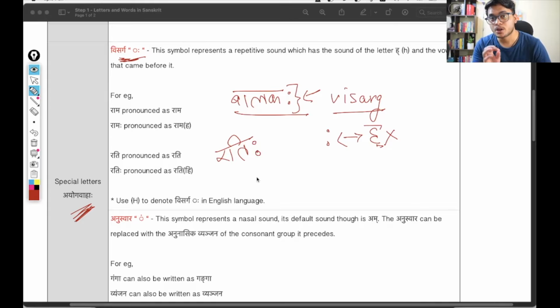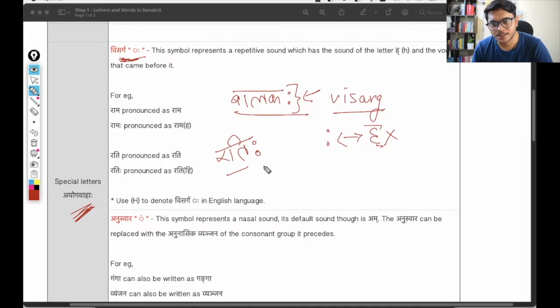No, you don't pronounce it as ratiha, you pronounce it as ratihi. Balakah, ratihi. So the visarga is just an extra expulsion of air. It is just an extra air that you let go after you complete the pronunciation of the word. Think of it like that.